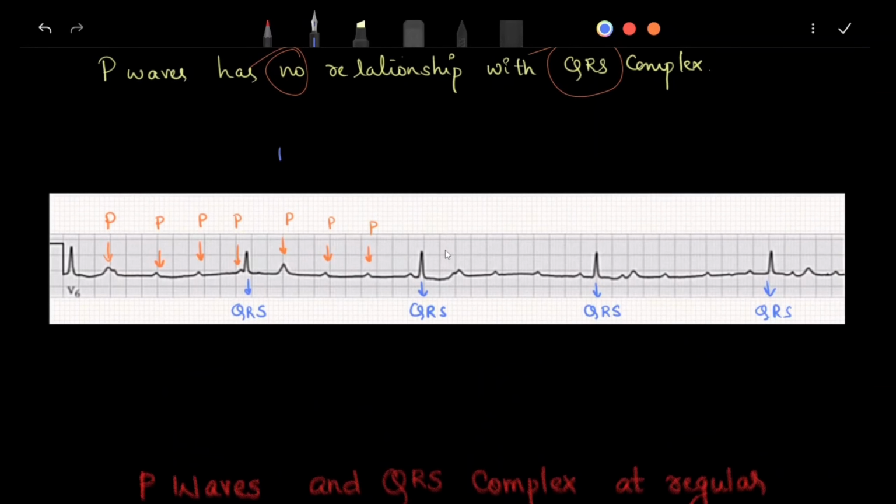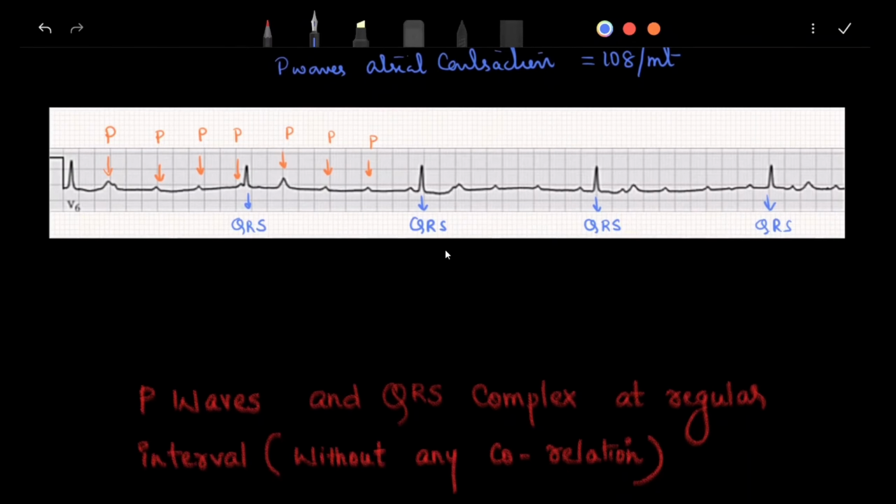Here, the P wave, which is an atrial contraction, the rate is 108 beats per minute. This is a P wave.